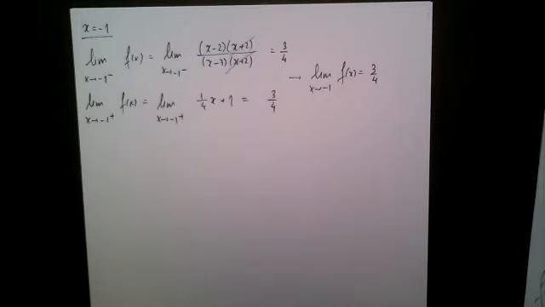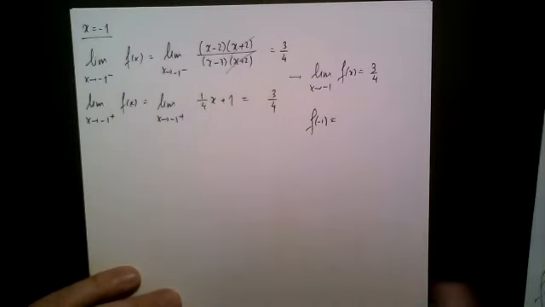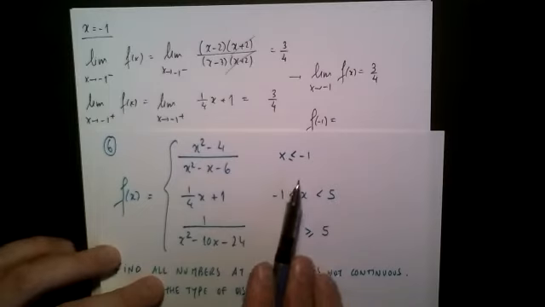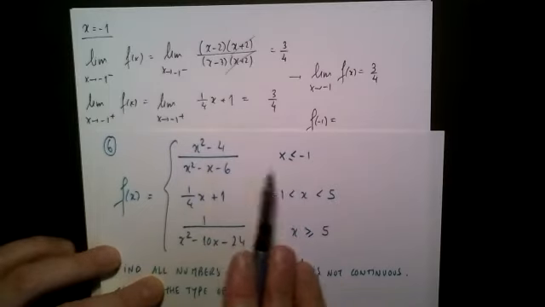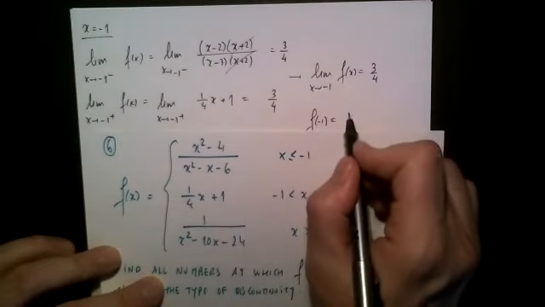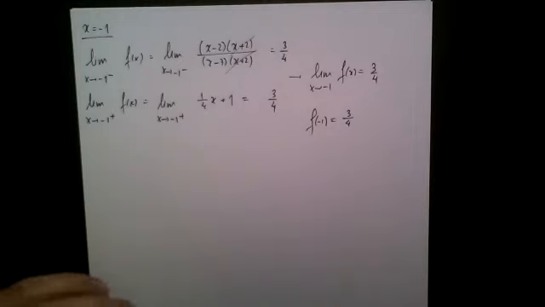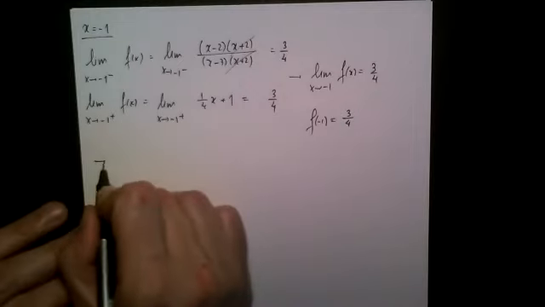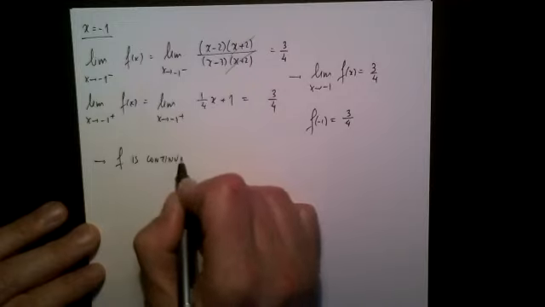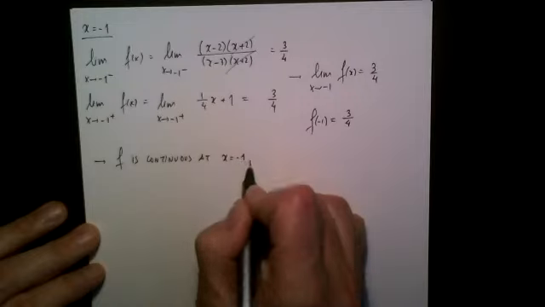The only thing to do now is to evaluate f of -1. If you plug in -1 into this function, because that's when it's equal to -1, you will also get 3/4. f is continuous at x equals -1.